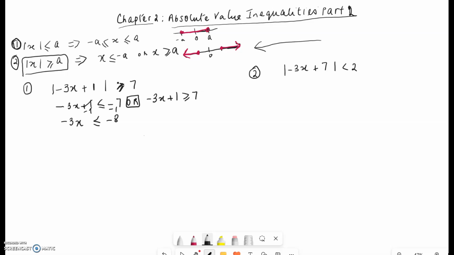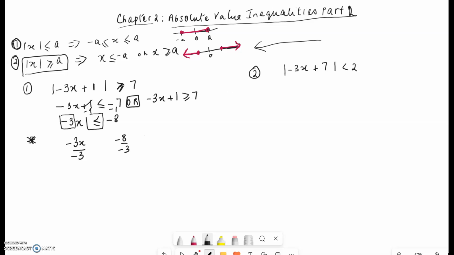Now we have to get rid of the -3, which means we're going to divide both sides by a negative number. Now that's important. If you have to divide or multiply by a negative number, always remember that the direction of the inequality is going to change.